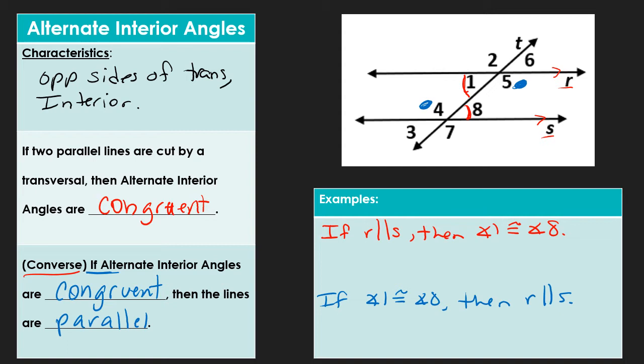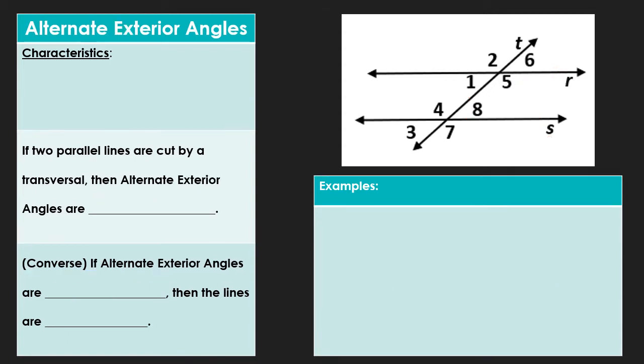If you know the lines are parallel, then the special angle pair is congruent. However, if the special angle pair is congruent, then the lines are parallel. All right, it works pretty similarly for most of these. So, alternate exterior angles. The characteristics of alternate exterior angles are that they are exterior, and they are on opposite sides of the transversal.